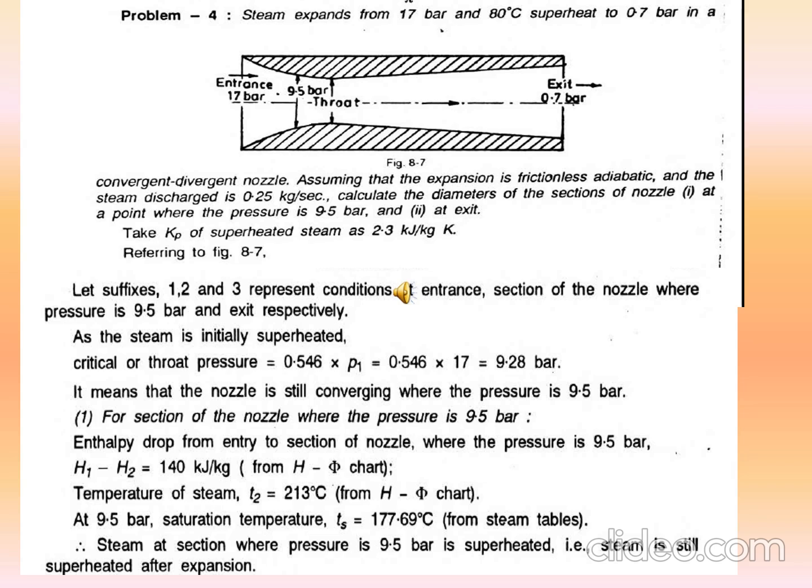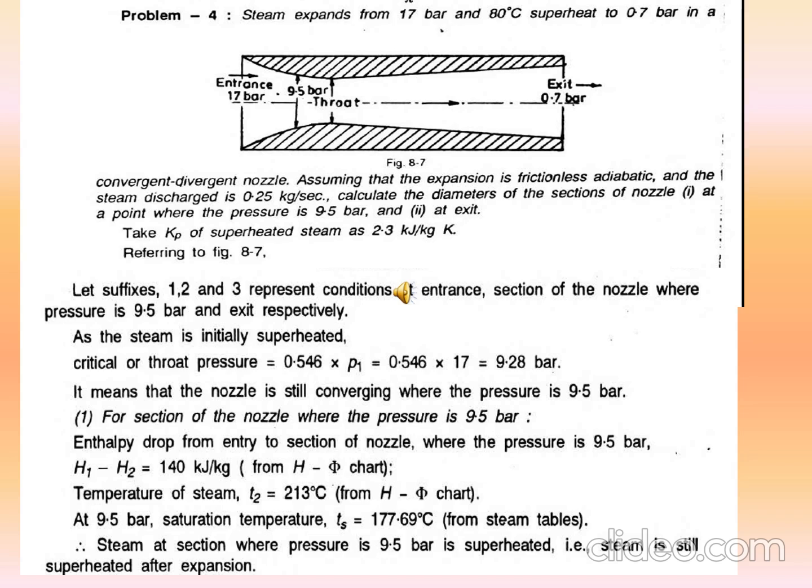Then go to the Mollier chart diagram and get the point P1, which is the intersection of 17 bar and 80 degree temperature. From that you can find H1 and draw a straight line from that point. So you will get P2, and you know that the P2 value is 9.28 bar, and from that you can find the H2 value.